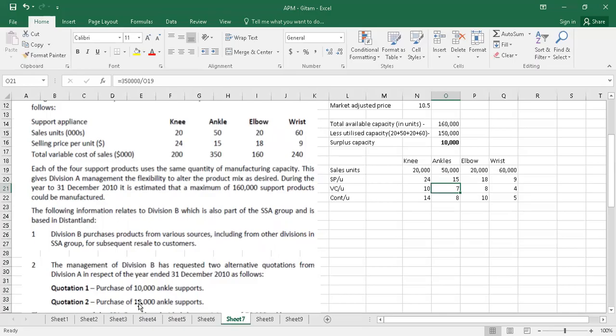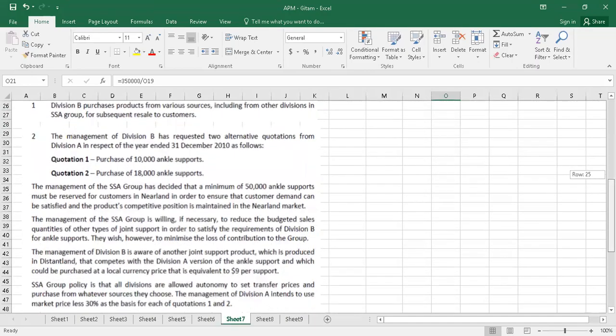The transfer price will be the variable cost. The variable cost is 7 plus the contribution forgone. Will 10.5 be suitable in such a situation? See, additional 8,000 units, what can they do? The situation only explains that.